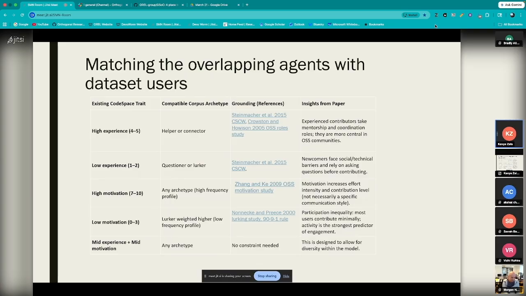A connector is spread across multiple threads and provides recommendations. There's a questioner who asks questions, and of course there are lurkers who observe and send messages very less often.